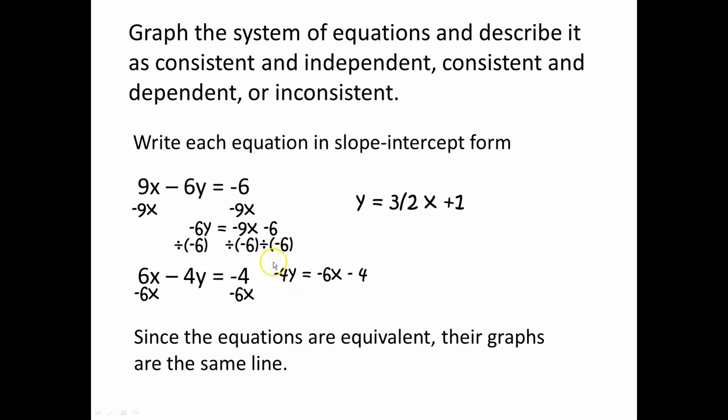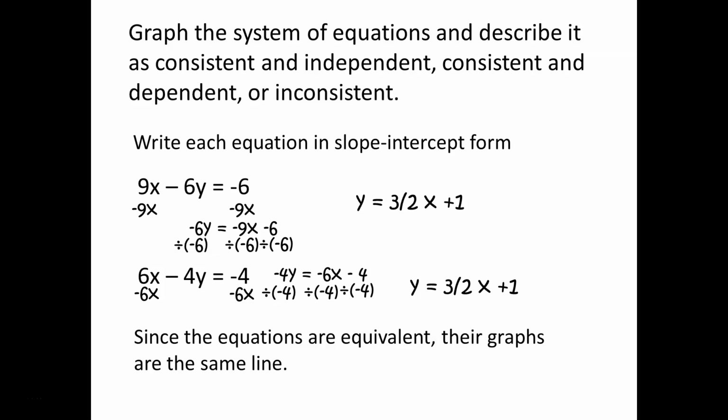We're multiplying here, so we need to divide everything by negative 4. Negative 6 divided by negative 4. Well, 2 goes into 6 3 times, and 2 goes into 4 twice. So once again, we get y equals negative 3/2 x plus 1.